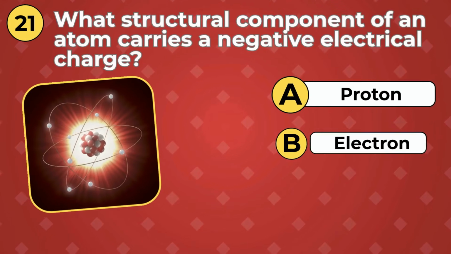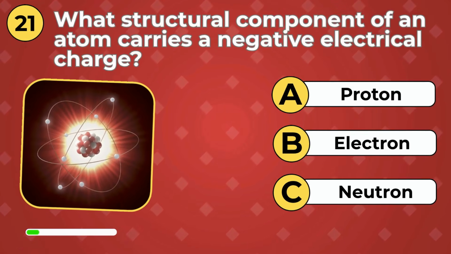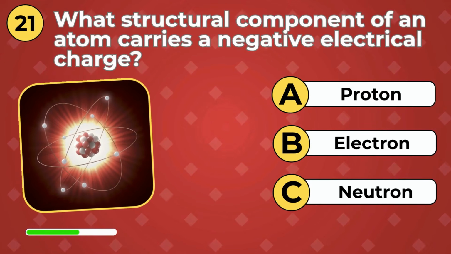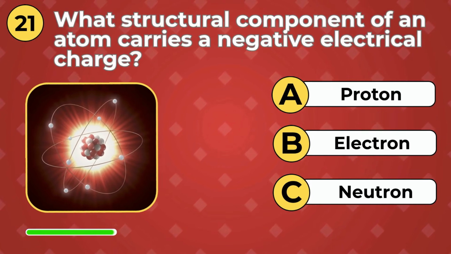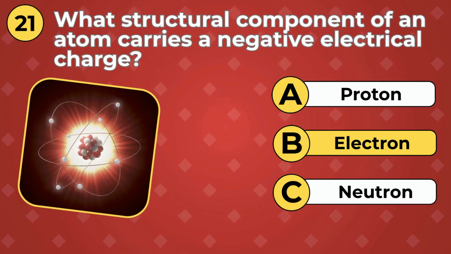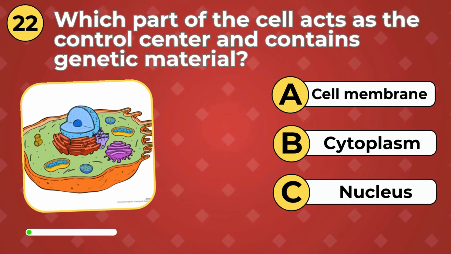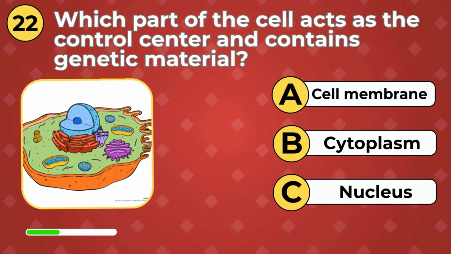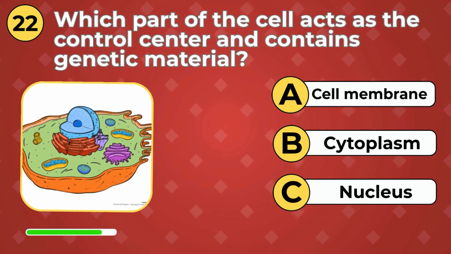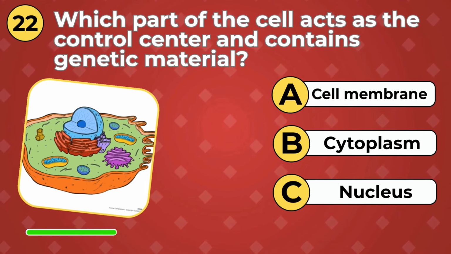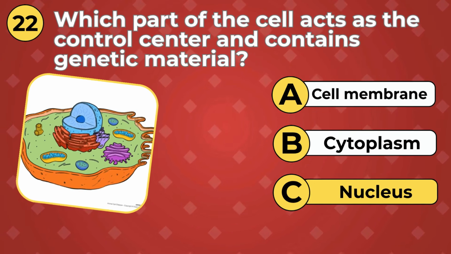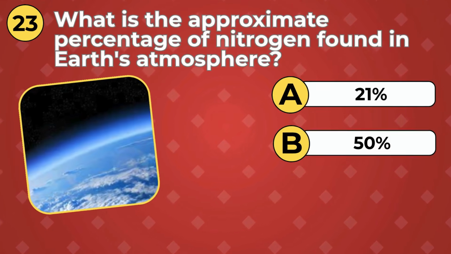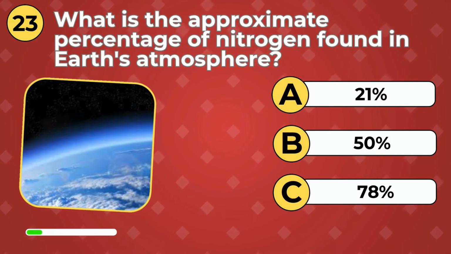What structural component of an atom carries a negative electrical charge? An electron. Which part of the cell acts as the control center and contains genetic material? The nucleus. What is the approximate percentage of nitrogen found in Earth's atmosphere?